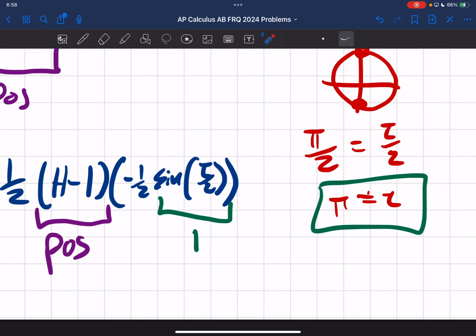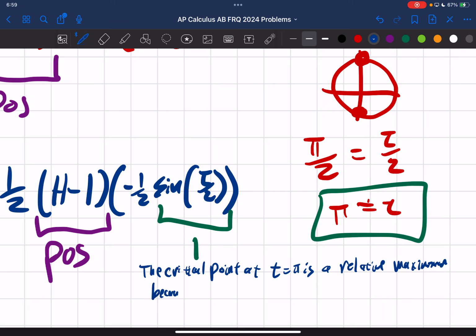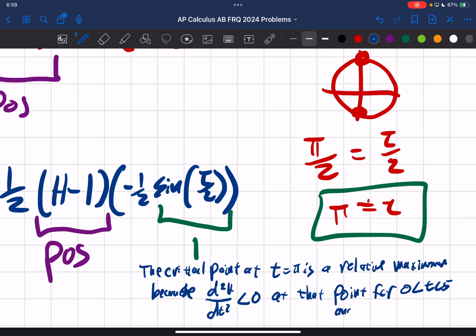So the way we justify this is the critical point at t equals pi is a relative, and we have to say relative, maximum, because the second derivative, d2h dt squared, is less than 0 at that point where h is greater than 1.